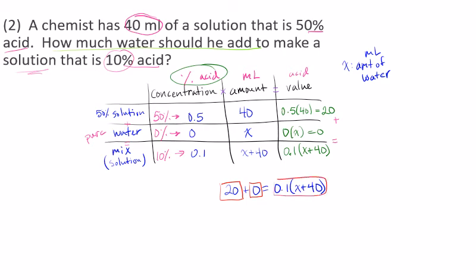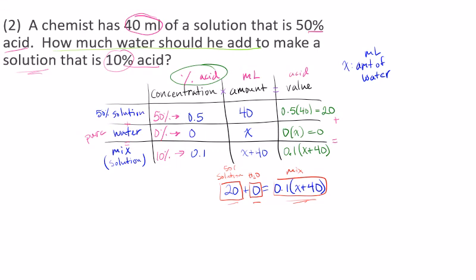So the 50% solution, our water, H2O, and then our mixture. That's how it works: if you add the two components, you get the mixture. All right. Thanks for watching, and I'll pause it, and then I'll write in the solution.